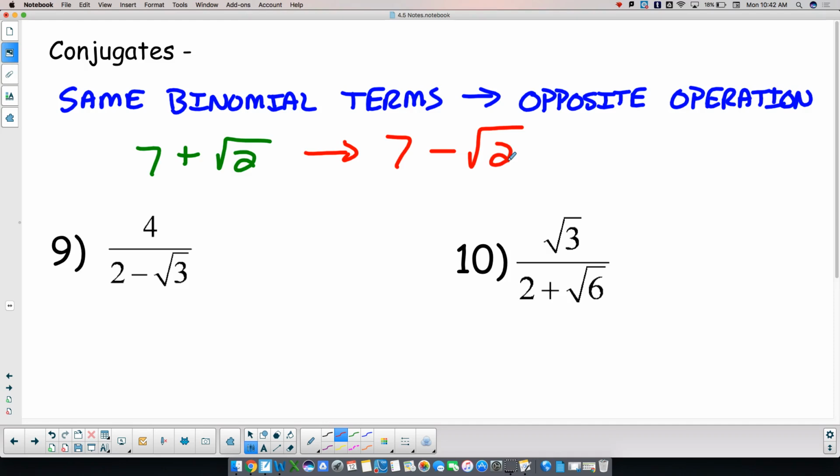Those two are conjugates. Okay? Same terms, just switch the sign that's in between them.